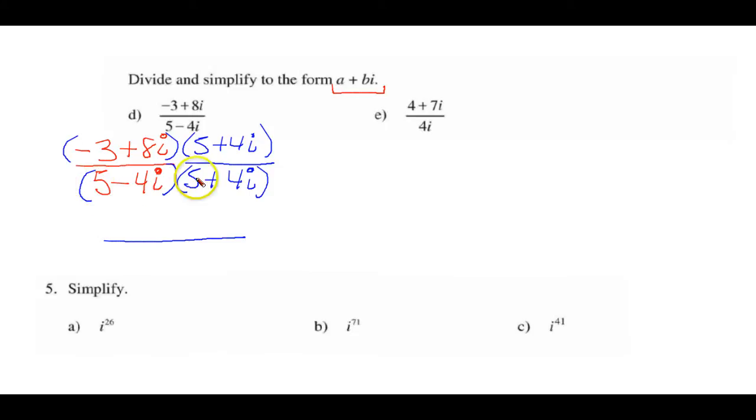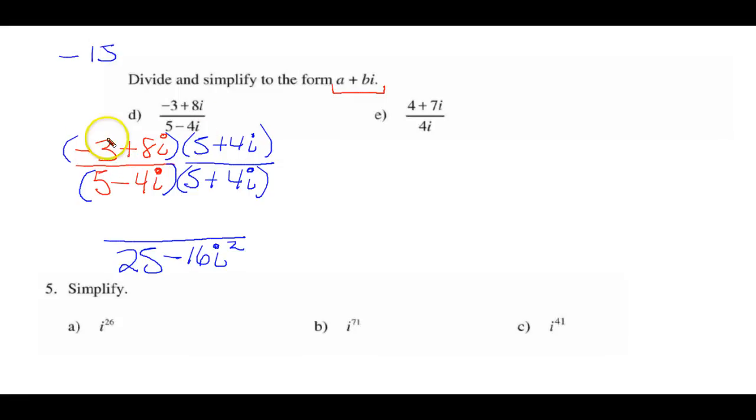Now, 5 times 5 is 25 minus 16i squared. Now, since it's the conjugate, we don't get any middle terms. But now I have to FOIL this, and I'll put it up here, wherever I have room. Negative 3 times 5 is a negative 15.